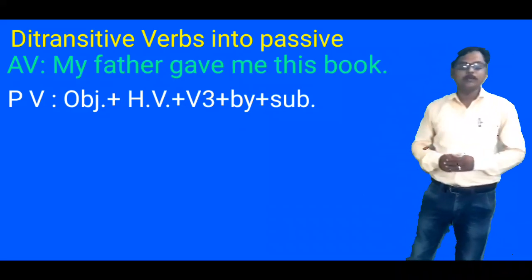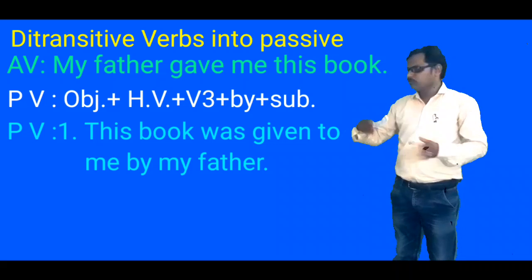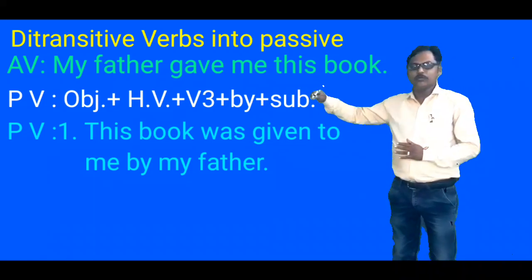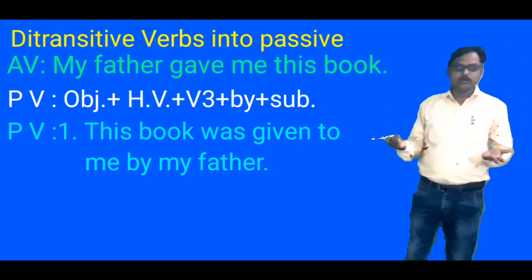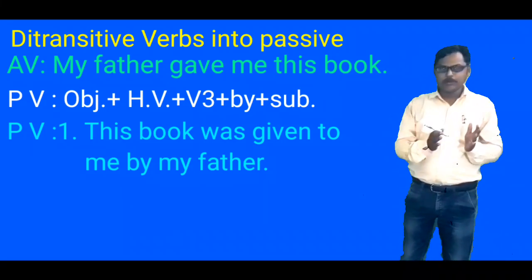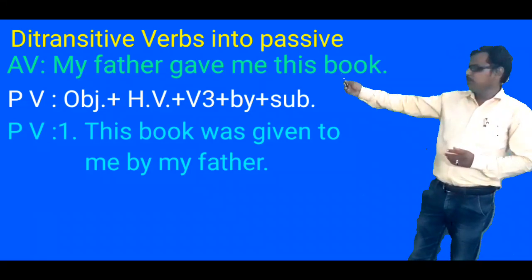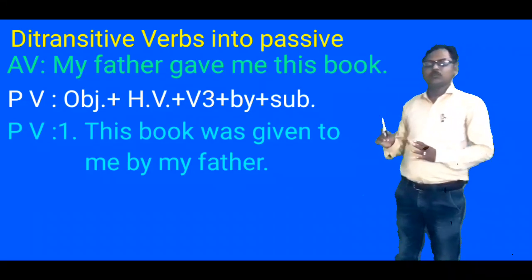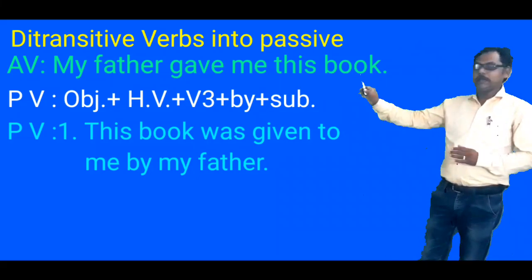So first we will take this book. If we want to transcribe it, first we take this book. Then we know it's the simple past tense, so we have to use was or were. The object is singular, this book, so we take was.